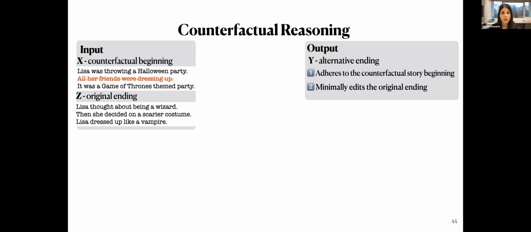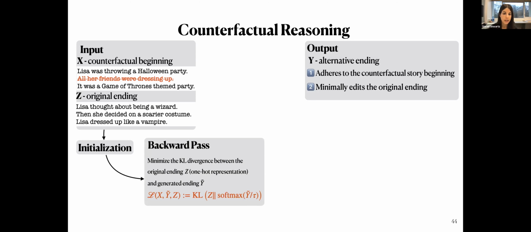So the inputs for DELOREAN were, first of all, X, which is the counterfactual story beginning. So that's the new first two sentences of the story, and Z, which is the original ending, the 3-sentence ending. And the goal is to generate Y, the alternative ending.